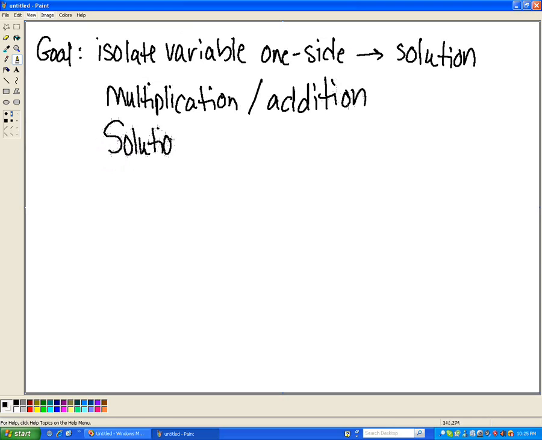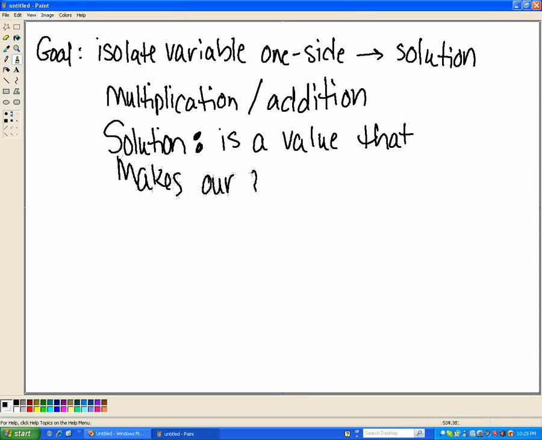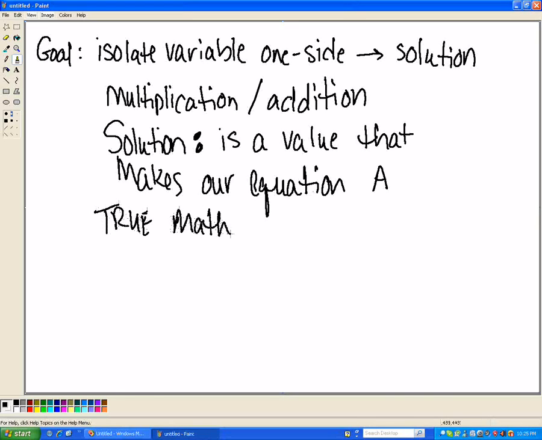What I mainly want you to remember is that a solution is a value that makes our equation a true mathematical statement.